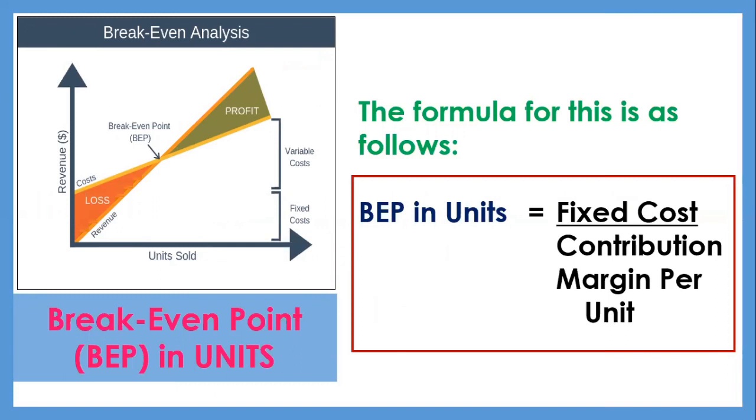Now, the formula for this is as follows. Break-even point in units is equal to fixed cost all over contribution margin per unit.